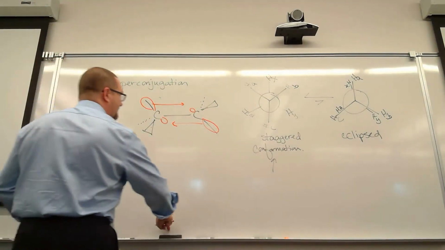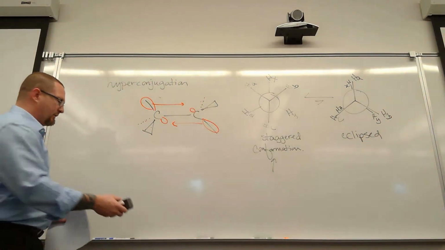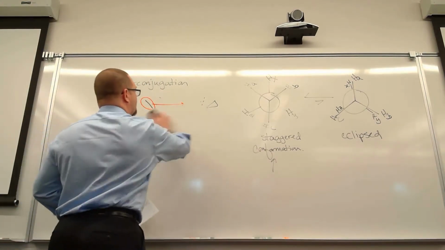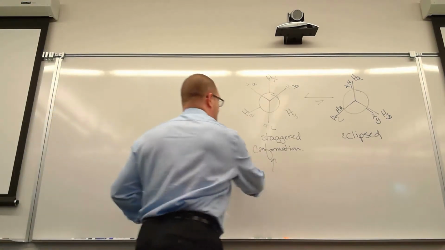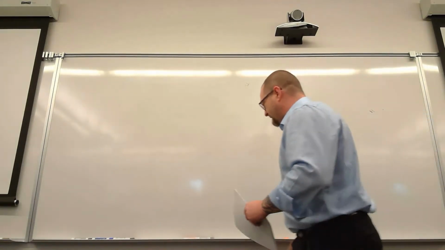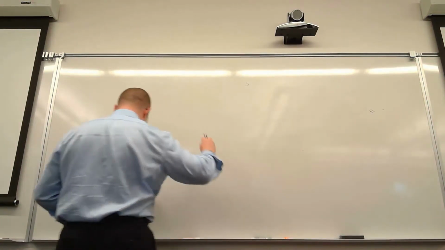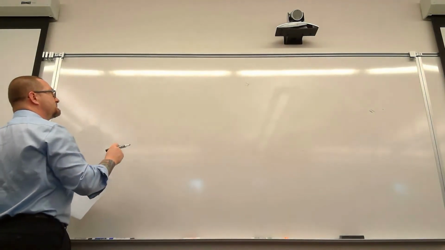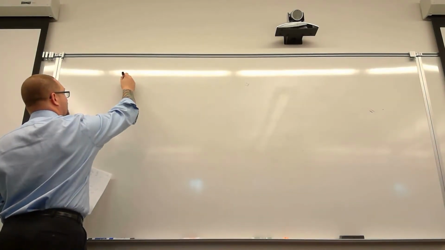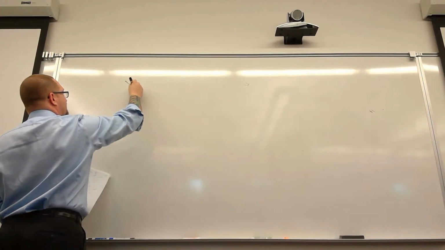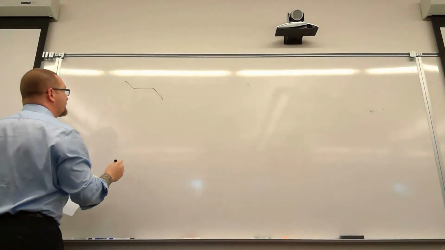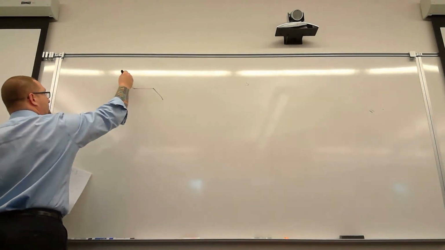So let's take a look at that example with steric hindrance being an issue. Let's look at butane, carbons 1, 2, 3, 4.